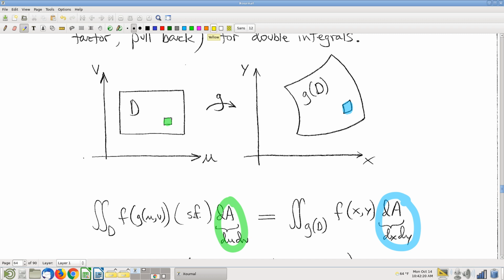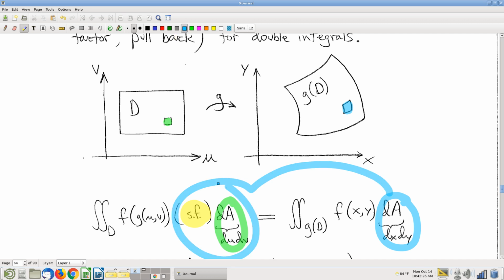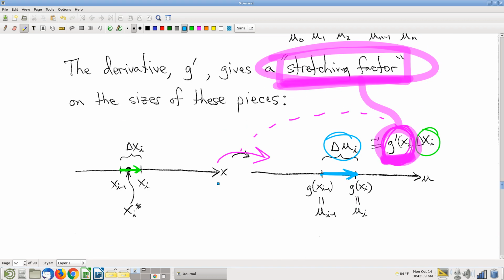There is a stretching factor, right? That stretching factor is what you multiply by the green area to get the blue area. And what's the formula for that stretching factor? Well, it's not immediately obvious. We were very lucky back here in this single variable context. Oh my God, look at this. Sizes are changes, and we know how to relate changes. The derivative. It fell in our lap in the single variable context. So not so here.